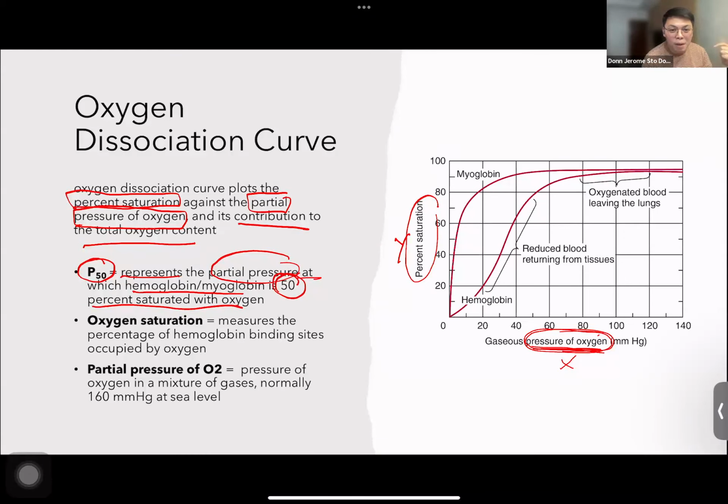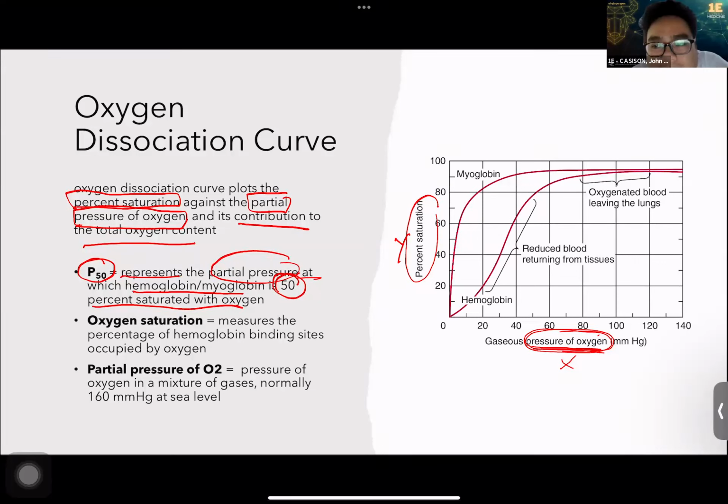Baliktad lang po. Pag mababa ang P50, ano ang affinity ng oxygen to hemoglobin or myoglobin? Mataas. When you have high P50, ano naman po ang implication nun? Mababa ang affinity ng oxygen to hemoglobin and myoglobin. Nasusundan po? Clear? Kasi mas mahirap siyang kung hindi natin i-apply doon sa same principle.